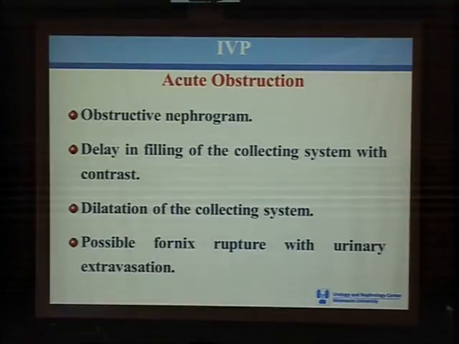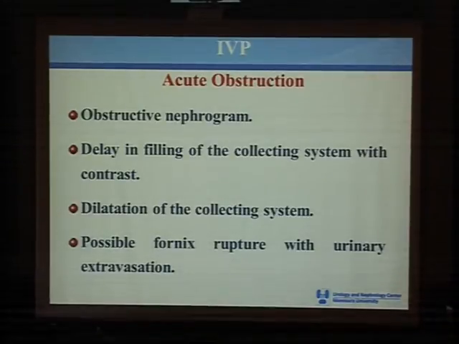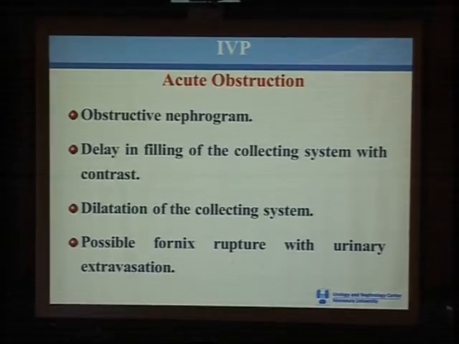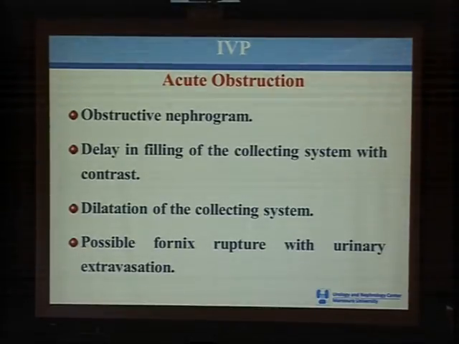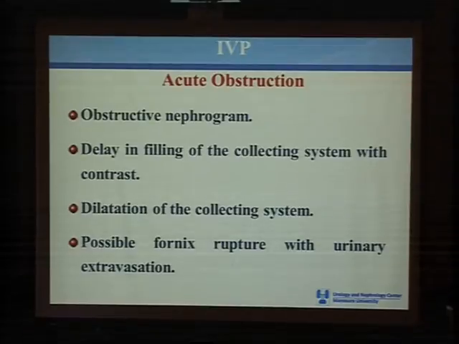Another sign is dilatation of the collecting system, and a fourth sign is possible rupture of the fornix with extravasation of urine outside the kidney. I'm going to give an example of each of these radiological signs on IVP to make it easy.